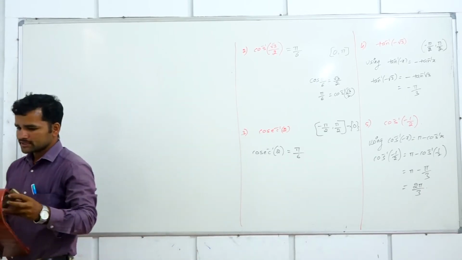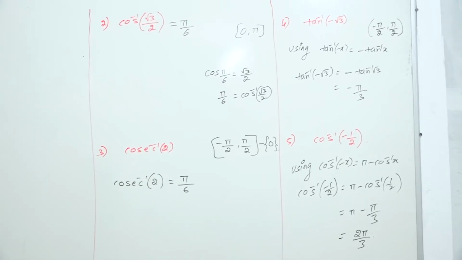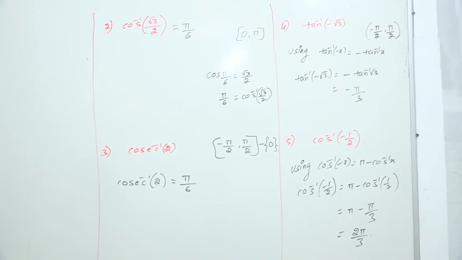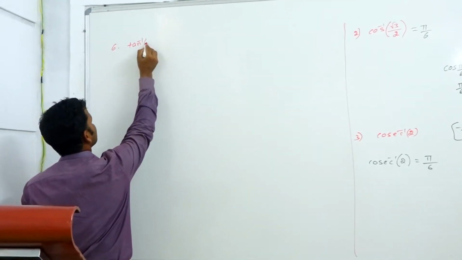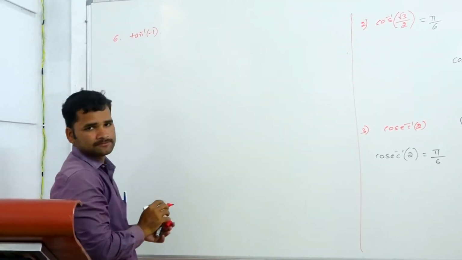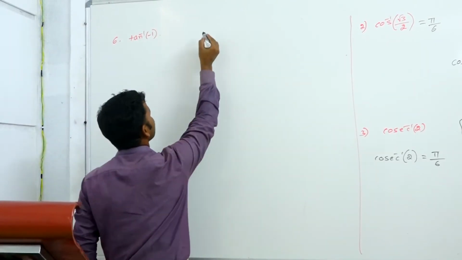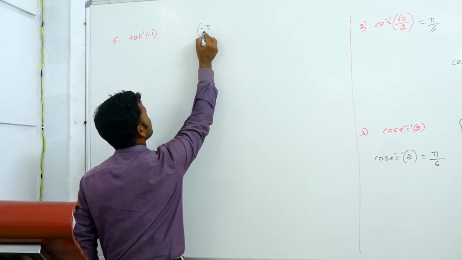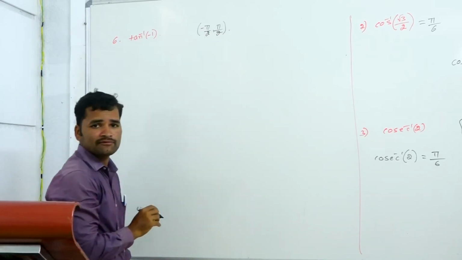Exercise 2.1, problem number 6. We have to find the principal value of tan inverse of minus 1. Sixth one, that is tan inverse of minus 1. Very simple again. Within the values minus pi by 2 to plus pi by 2, we need to write a value for this.